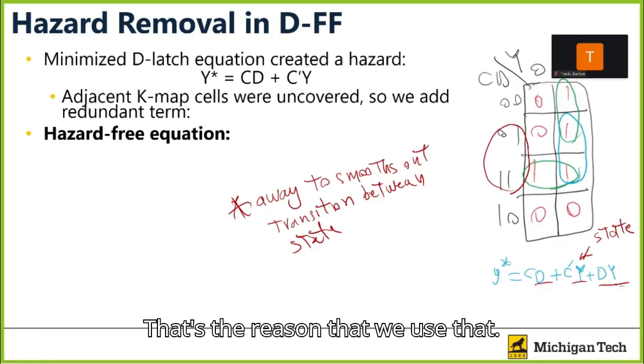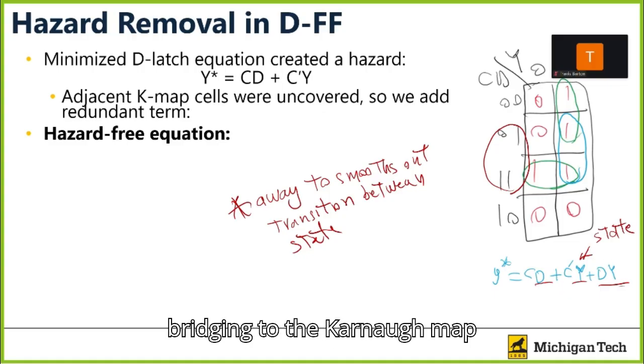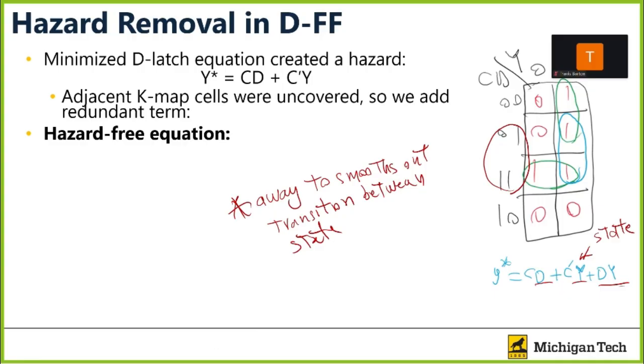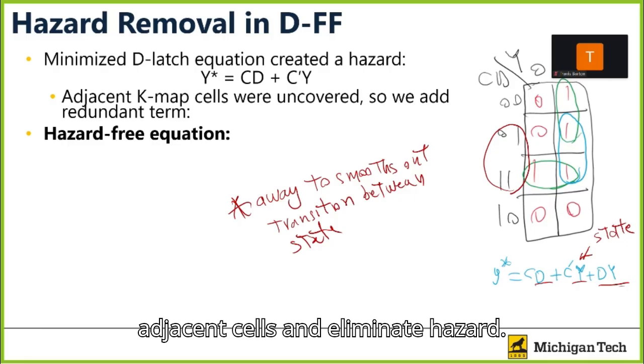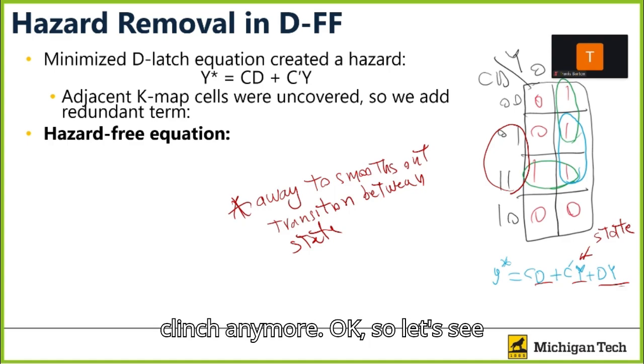That's the whole idea. You are just adding a bridge to the Karnaugh map to cover these adjacent cells and eliminate hazard. Once you do that, the D latch is not going to have a glitch anymore.